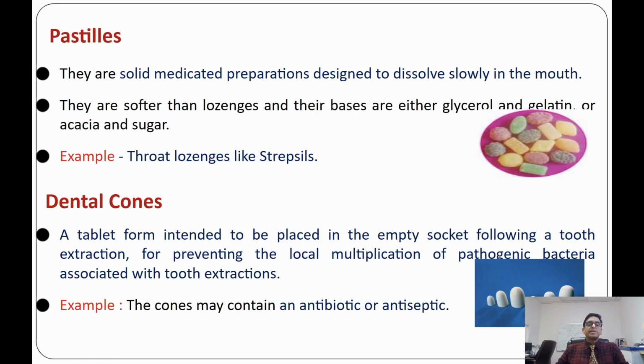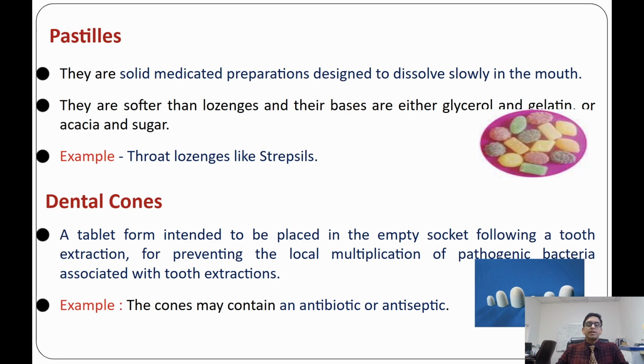The next one is pastilles. They are solid medicated preparations designed to dissolve slowly in the mouth. They are softer than the lozenges, and their bases are either glycerol and gelatin or acacia and sugar together.